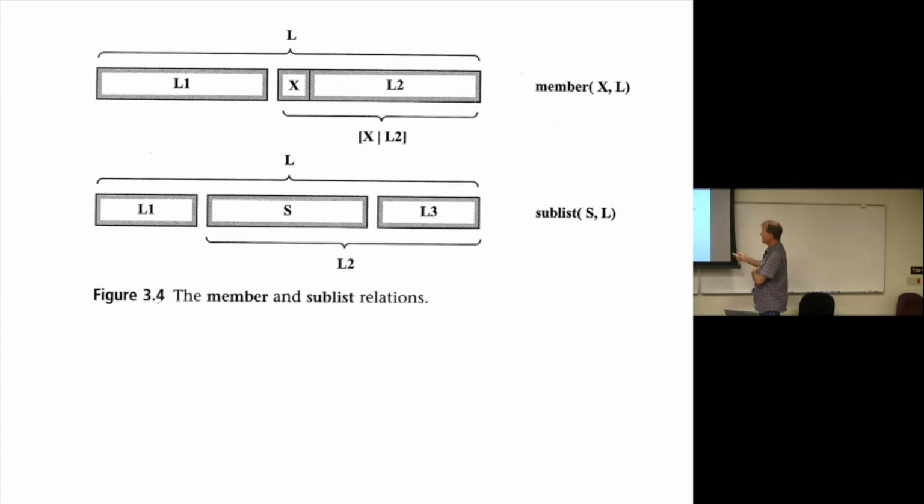Now, on this figure 3.4 from our book, he's got this concept of member. When we wrote my member, member's built in, but when we wrote my member, what did we say? We said that X is a member of L if what?